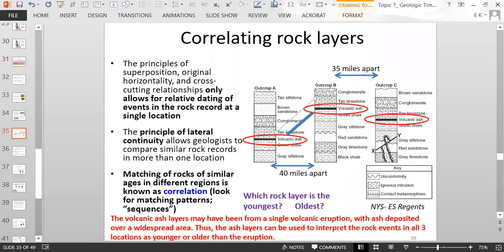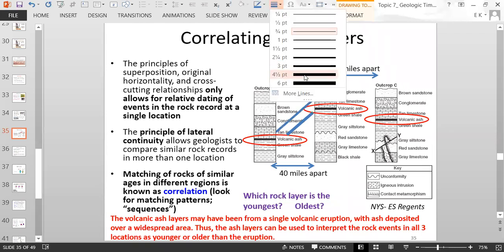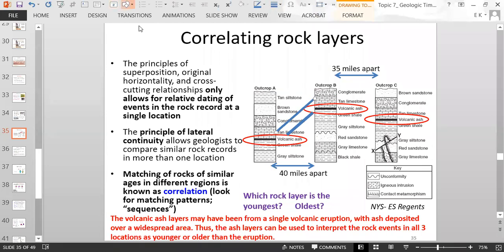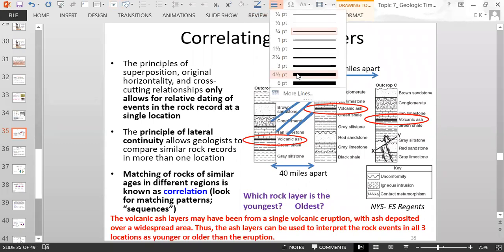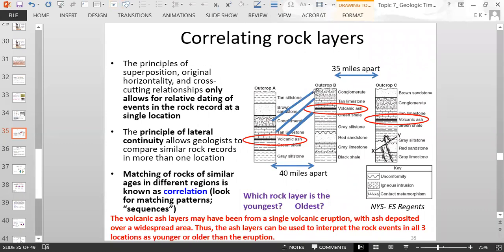See how they match? So now we could say that those are probably the same rock layers that used to be continuous, because we're looking at the volcanic ash and then you look at whatever is above it and they match in terms of a sequence, the pattern matches, right?